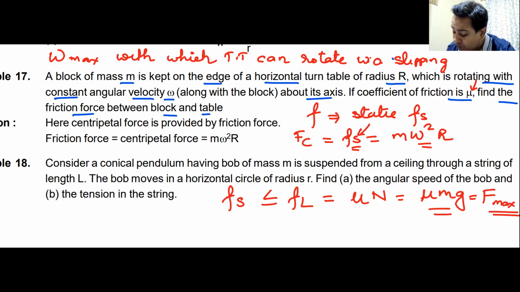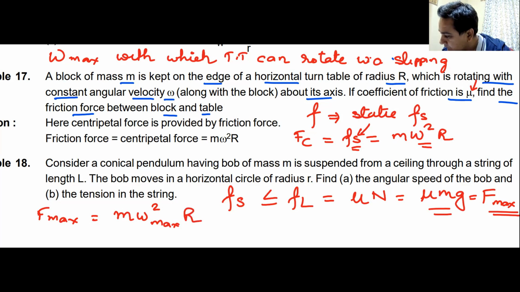So let me call it omega max. So this F max must be equal to m into omega square max multiplied by r. This must be equal to mu into mg. You equate both the terms, and you will get the value of omega max.